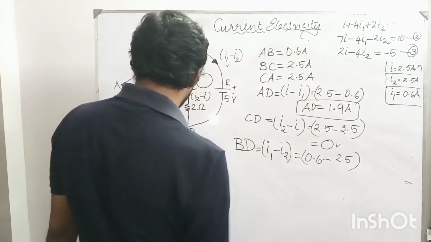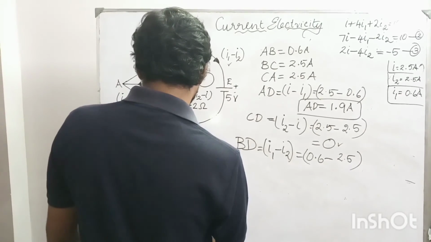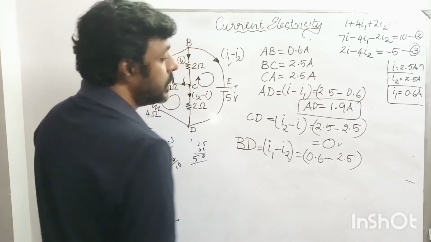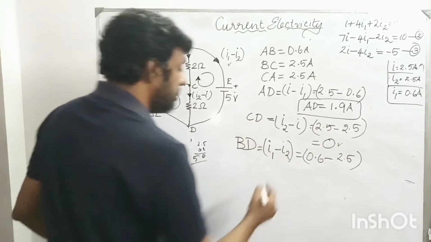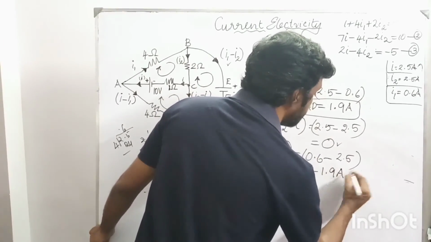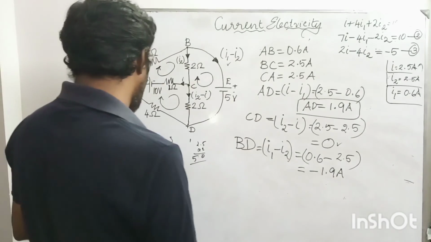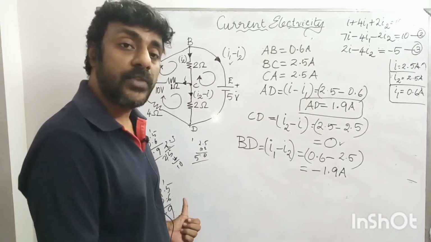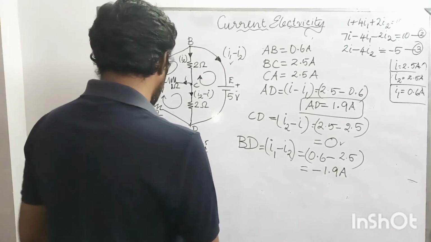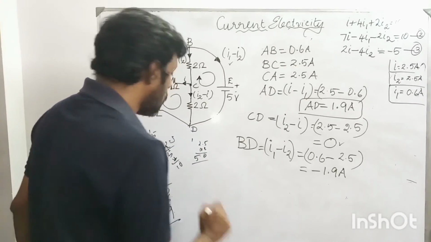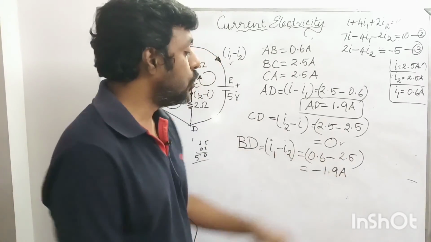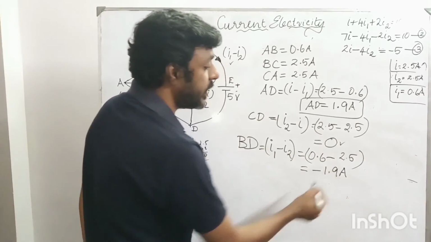It will be 1.9. So the value will be minus 1.9 amperes, right? Since the minus is attached to the greater value, you need to attach this minus to 1.9.